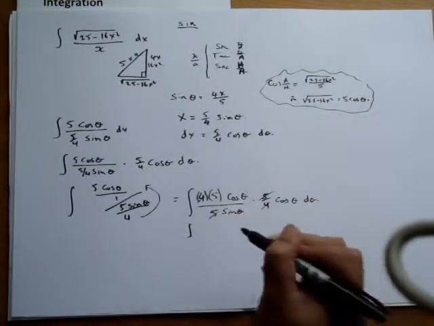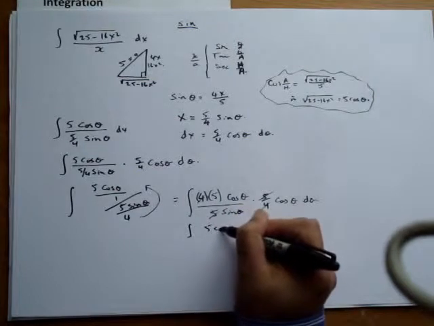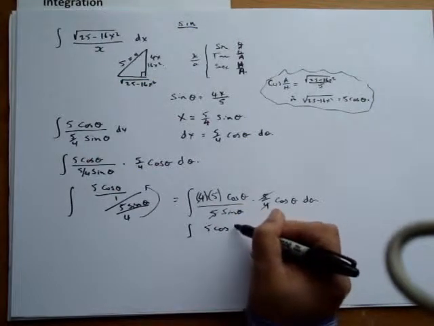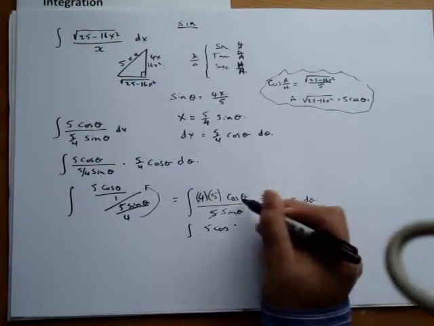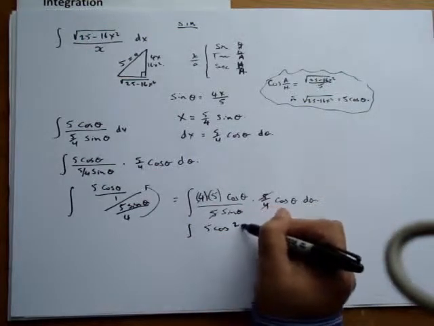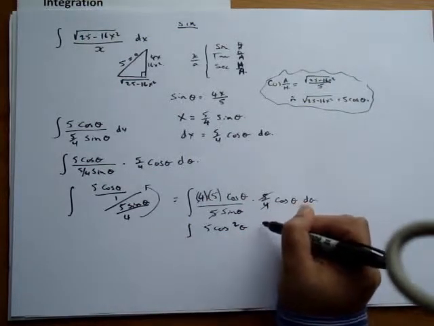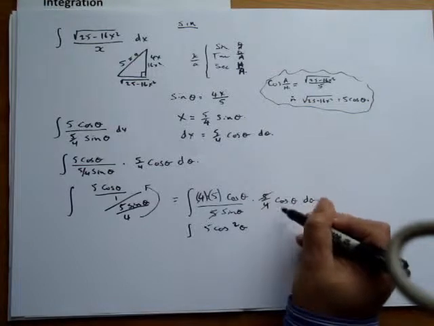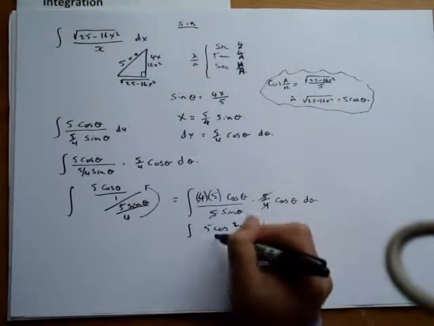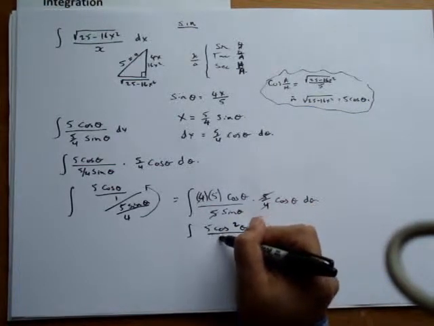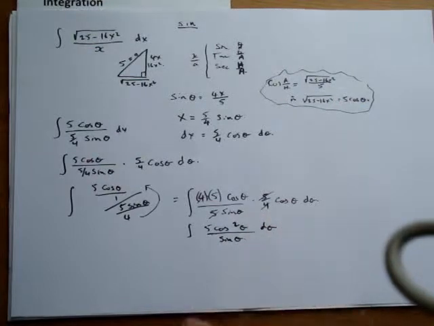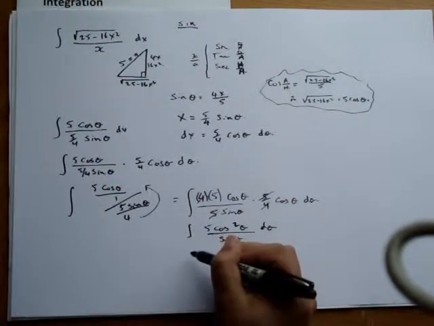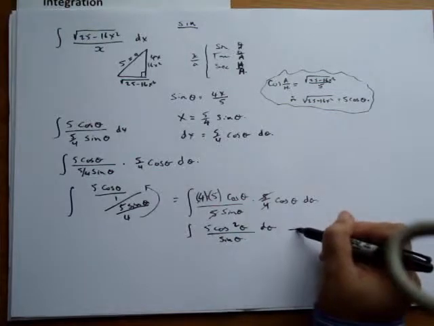This equals the integral of 5 cos times cos squared theta d theta, all over sine theta. Take the 5 to the outside of the integral.